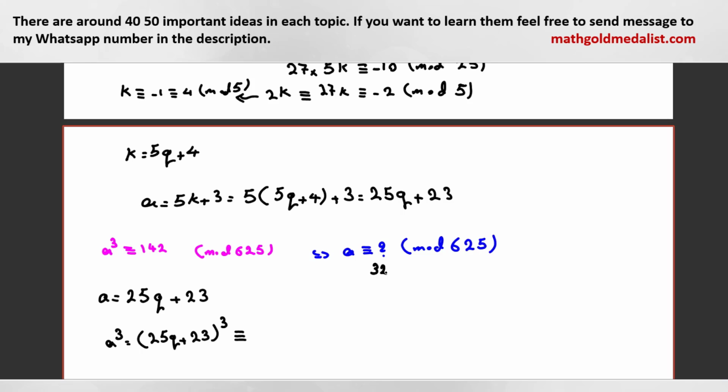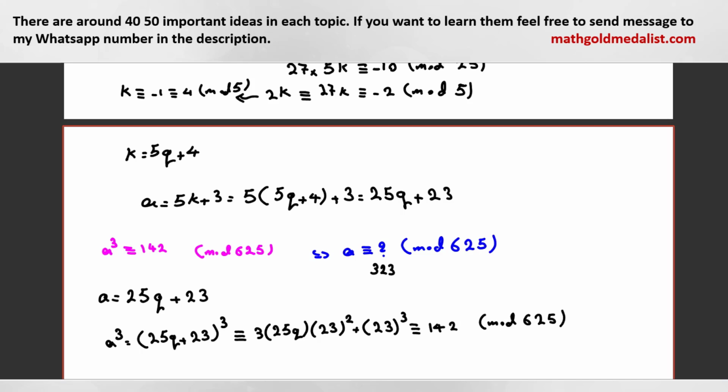So, can you say what we should write here? 3 times 25 times 23 squared Q plus 23 cubed, right? Is congruent to 142 mod 625, right? Yeah. Okay.